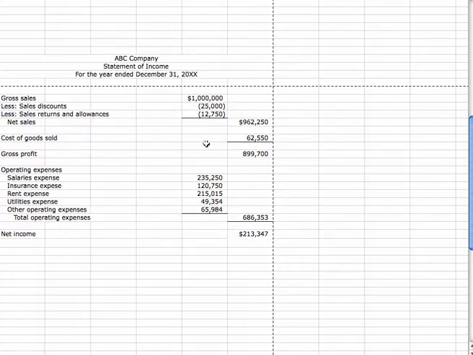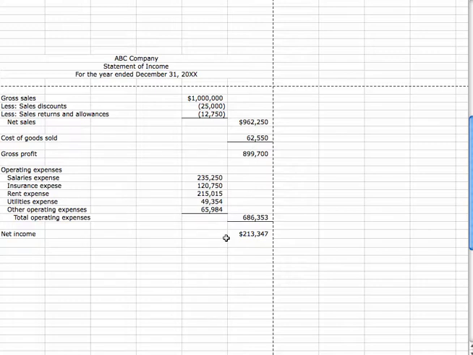This cost of goods sold calculation, if we're using the periodic inventory method, would be the merchandise available for sale minus our ending inventory. Then we take into account our operating expenses, and I just gave you a simple or basic list of some of the items that might be considered operating expenses. Subtract that out, and then we have our net income.